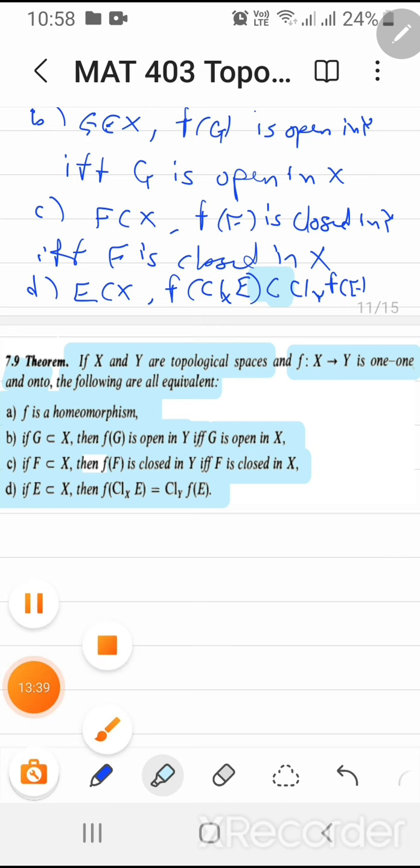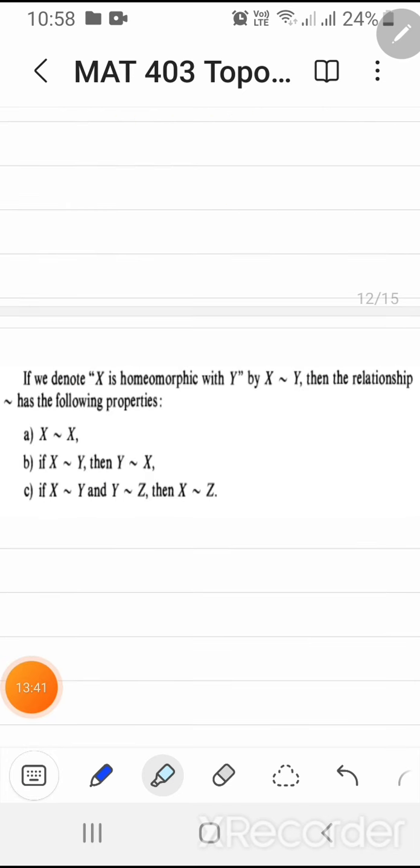Now, if we denote X homeomorphic to Y by this symbol, then the relation of being homeomorphic has the following properties.